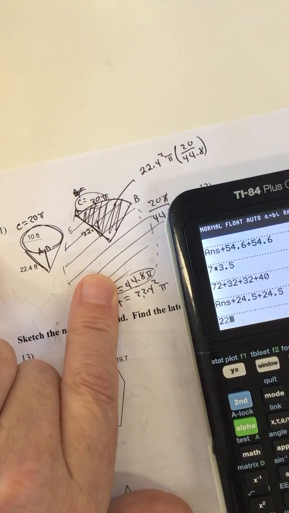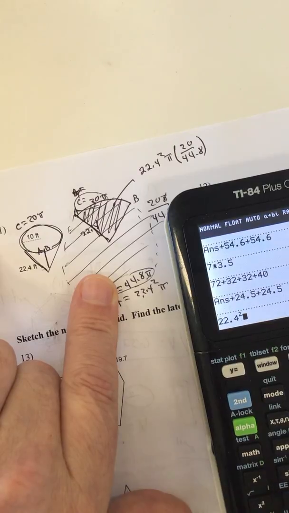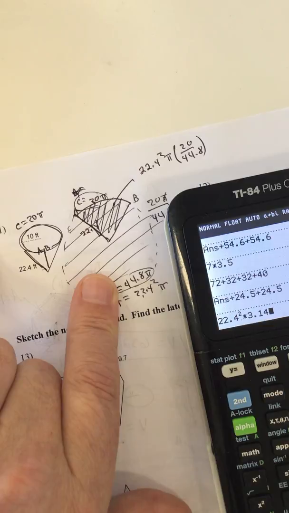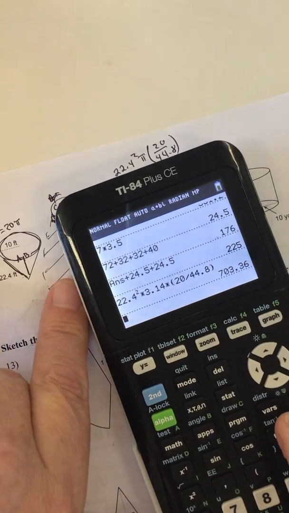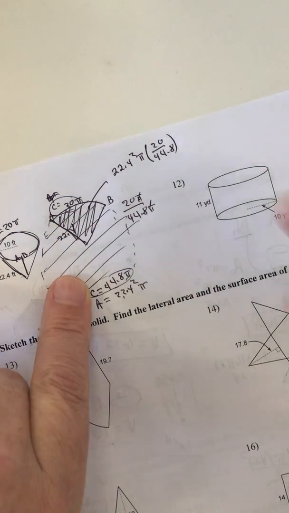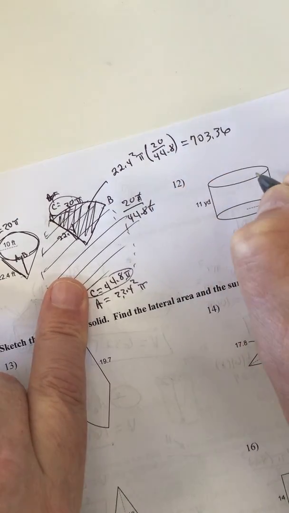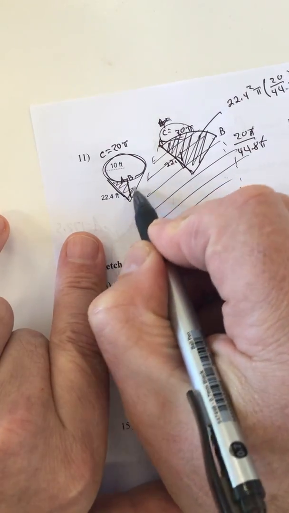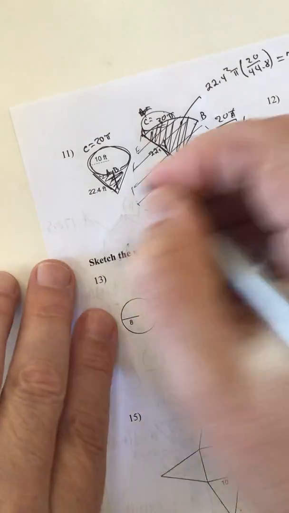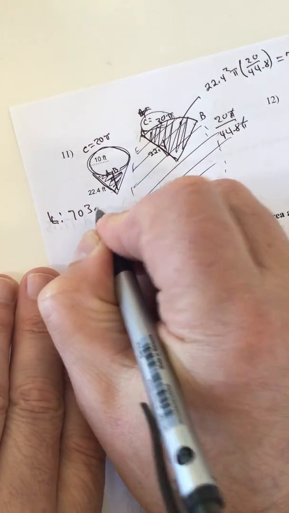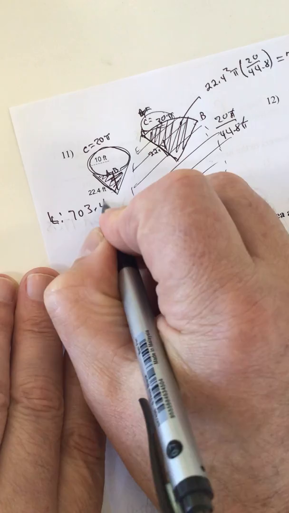So what I need on my calculator is 22.4 squared times pi times 20 over 44.8. So that partial area is 703.36. That's this area down here without the cone. So that's the lateral surface area, without the lid. It's 703.4.